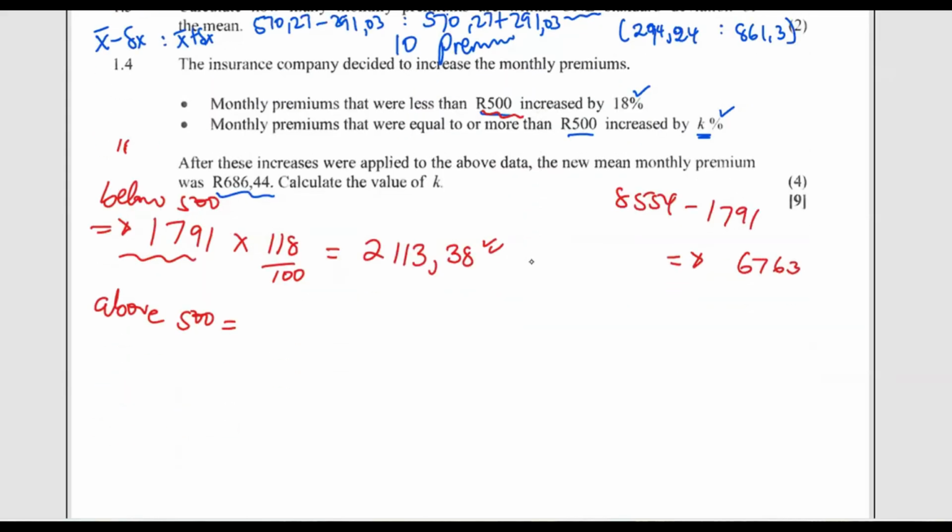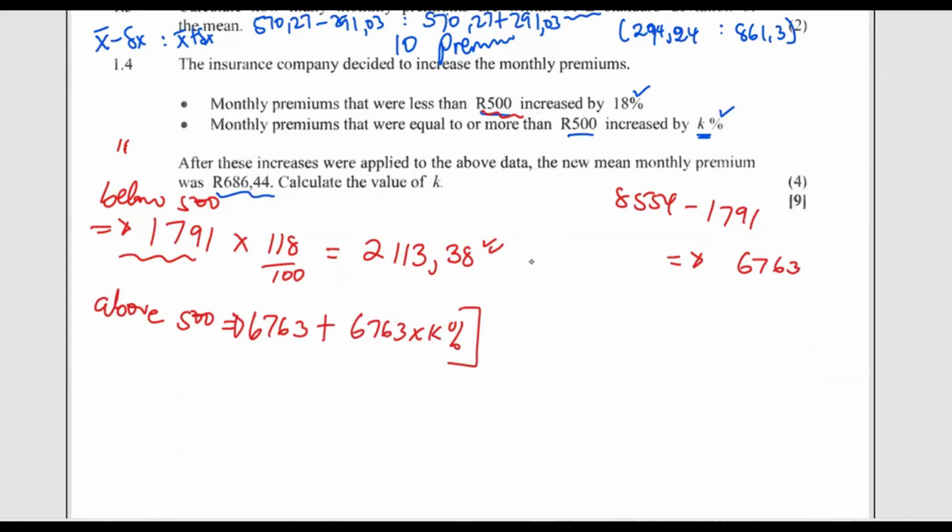So I have 6763, and then I'm going to add 6763 times k%. This must give me the other total.